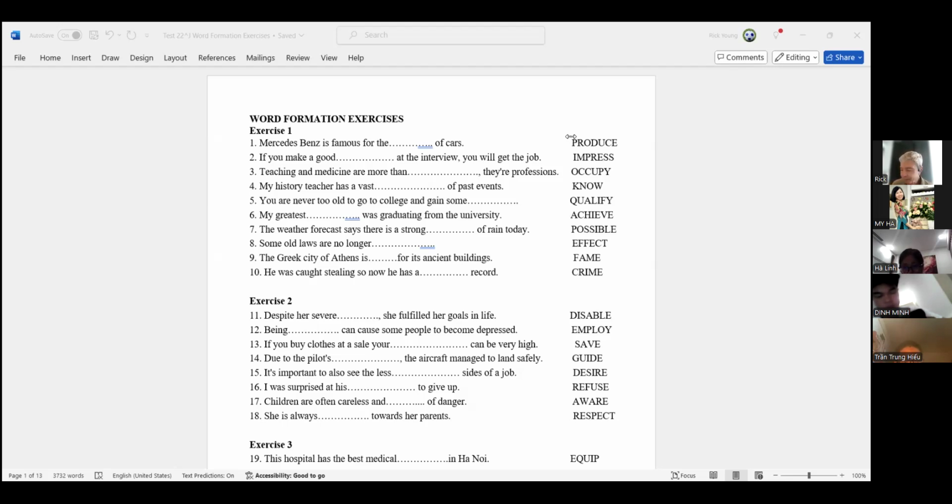Next one. 5 is desirable. 6 is refusal. 7 is unaware. And 8 is respectful. Okay. Thank you, Ha Ling. You have 100%. Very good. Well done, Ha Ling.